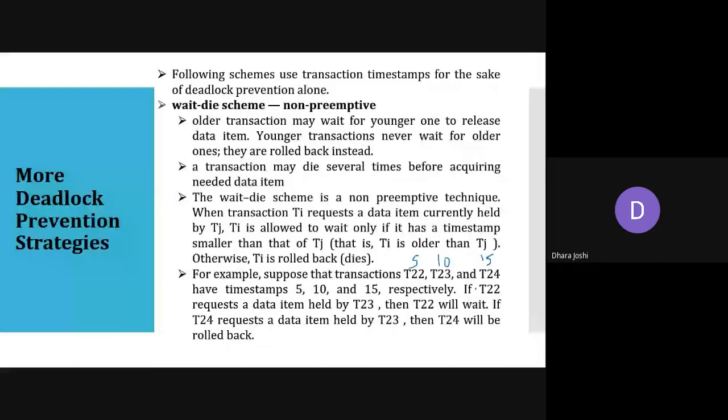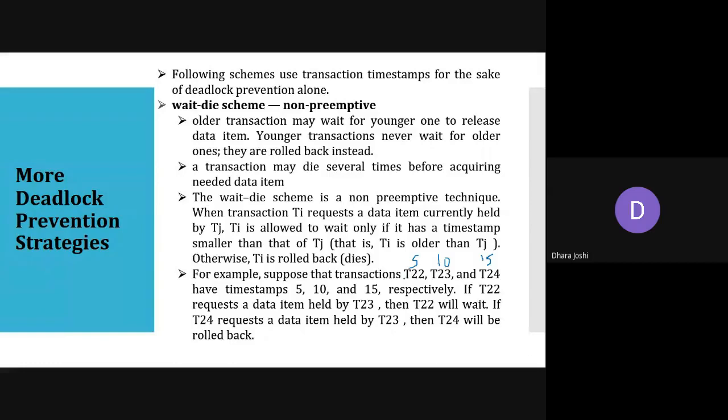If T22 requests a data item which is now held by T23, then T22 is older, so it will wait. And if T24 requests the same data item which is held by T23, then T24 will be rolled back.